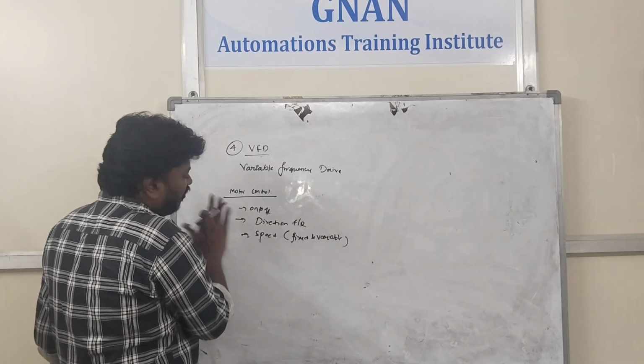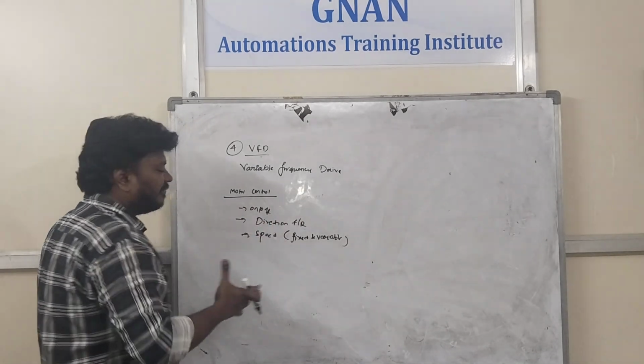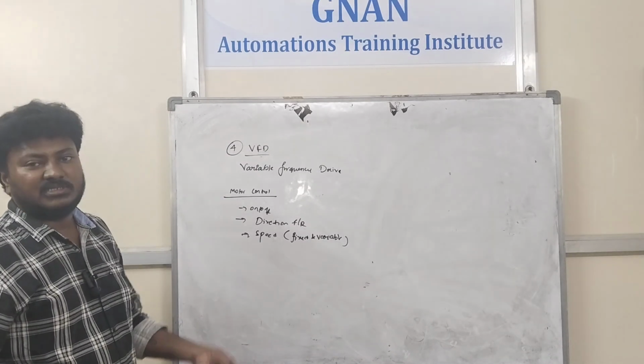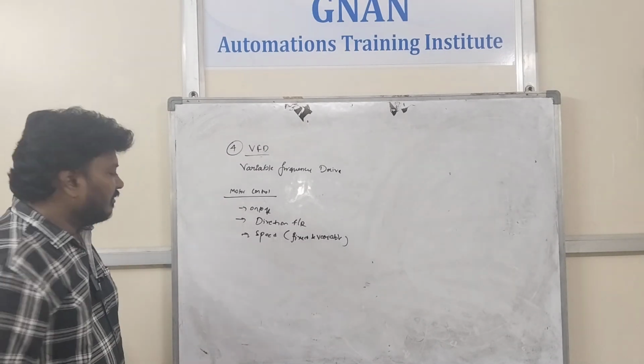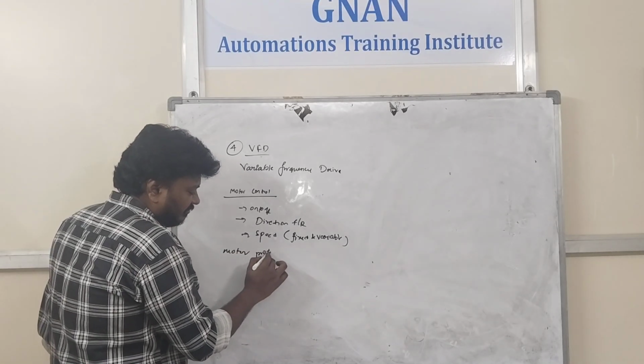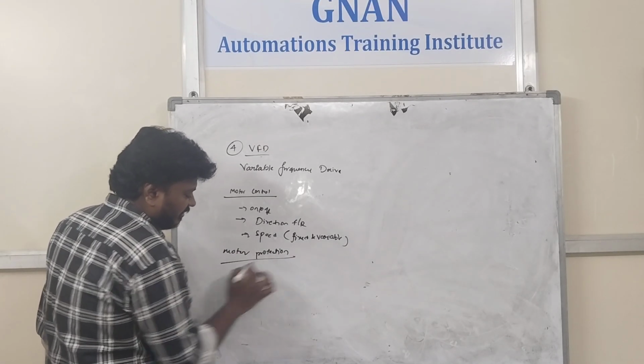Okay. For motor controlling purposes, we already have previous technology like relay wiring technology, like DOL starter, RDOL starter, star-delta starter, both are available. But what is the difference? It is nothing but motor protection. There is higher protection available here.